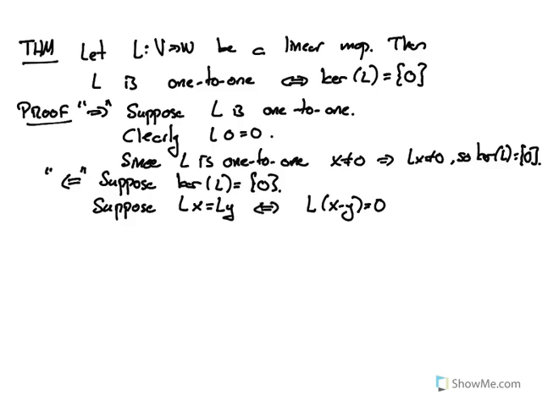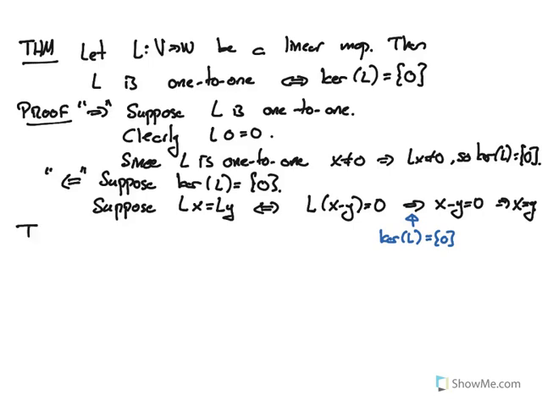These two are the same. And now, since the null space of L is 0, this means that x minus y is equal to 0. So here we use the assumption that the only vector that maps to 0 is 0. So since L of x minus y is equal to 0, we must have x minus y equal to 0, which of course is to say x is equal to y. So that establishes that L is 1 to 1.